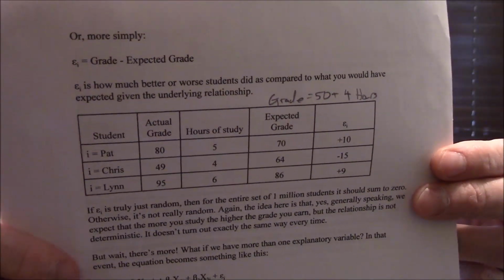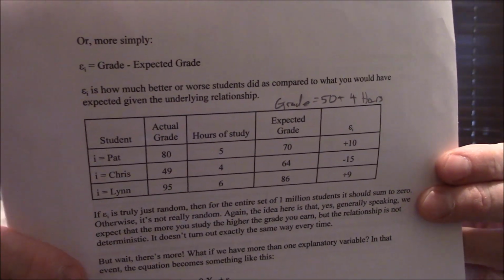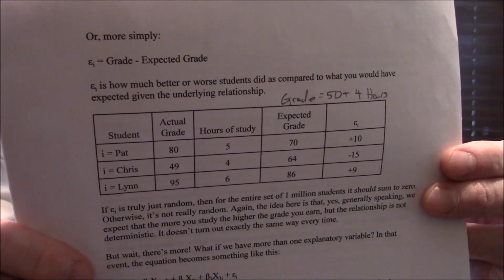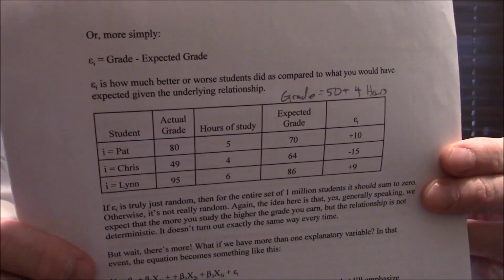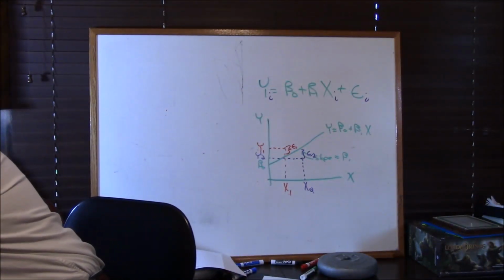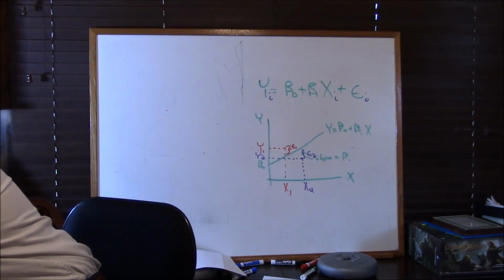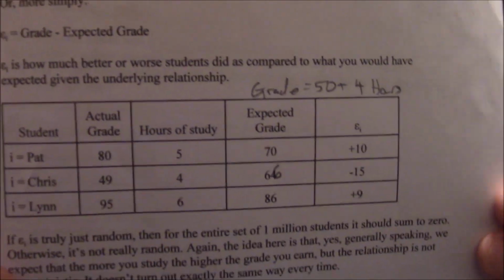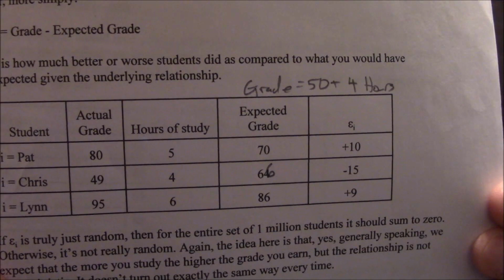We expected Chris to earn a 66. 4 4s are 16. Oh, good Lord, that should be 16. Here, I better fix it real quick. There we go. 4 4s are 16 plus 50 is 66.